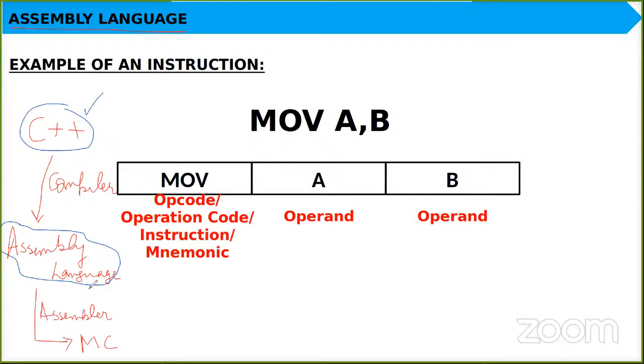Or else, if you want to have perfect control over the entire hardware, then you will use assembly language. We prefer to do it in C when the codes are huge. When you're writing big lines of code, to make things easy, MOV A,B is more difficult to remember than saying A plus B, or int A is equal to 5.